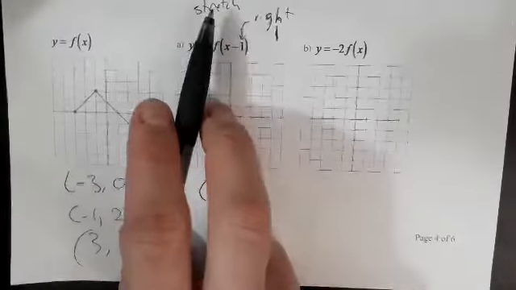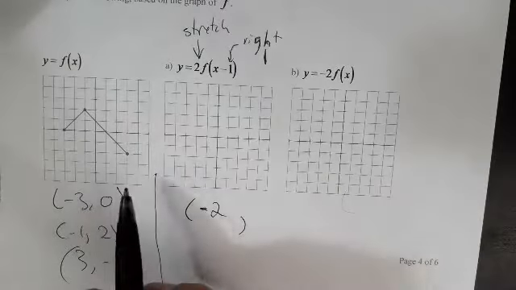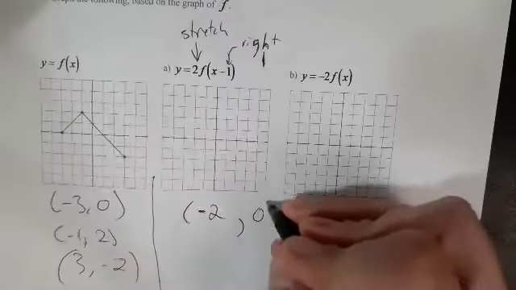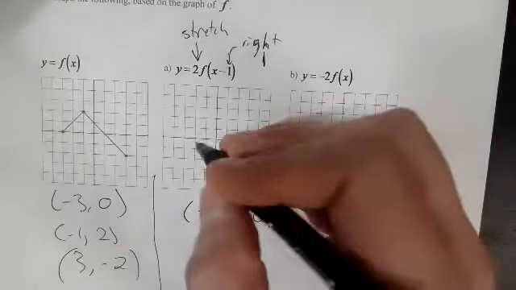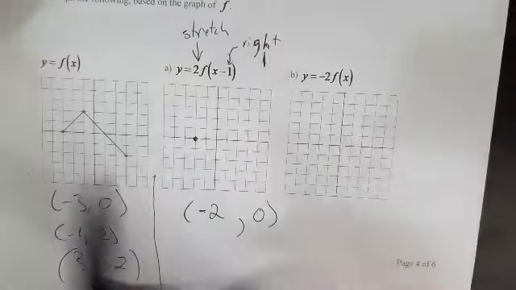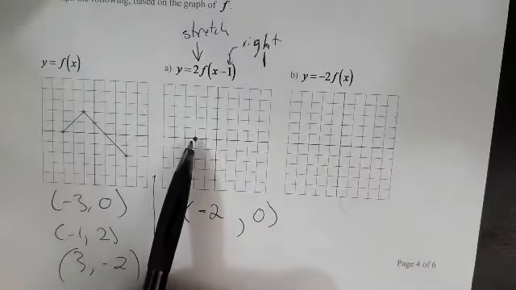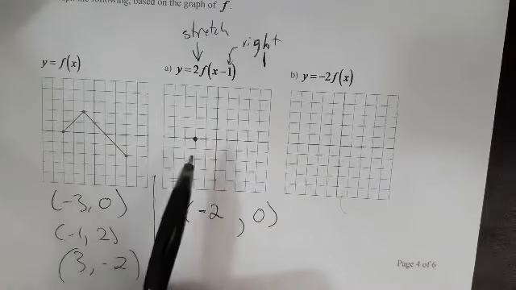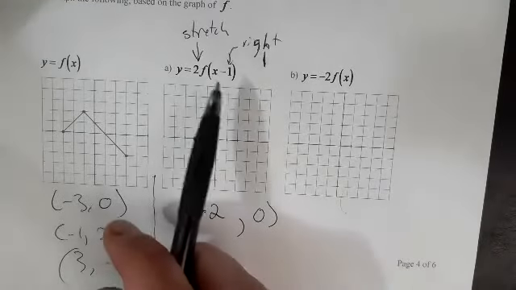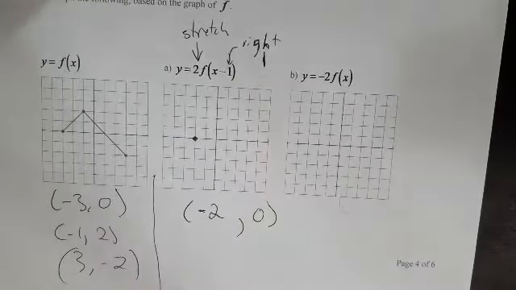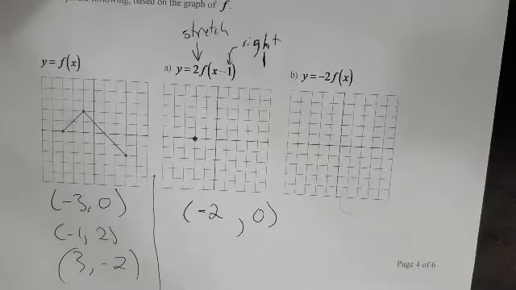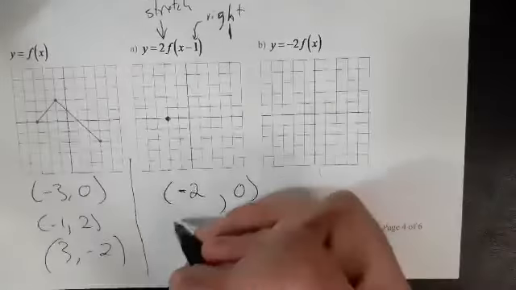In 0, we want to stretch 0 by a factor of 2 now. So 0 times 2 is still going to give me 0. And I know I said it without maybe doing it, but think about going from this point to this point. This is how you move it right 1, by adding. You got to do the opposite of what it is in here. So we have to add 1 to get back to it. So this is -1, 2.